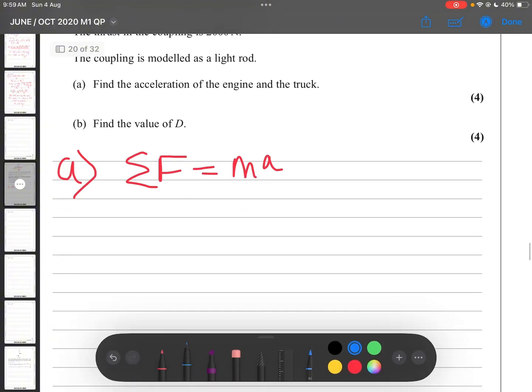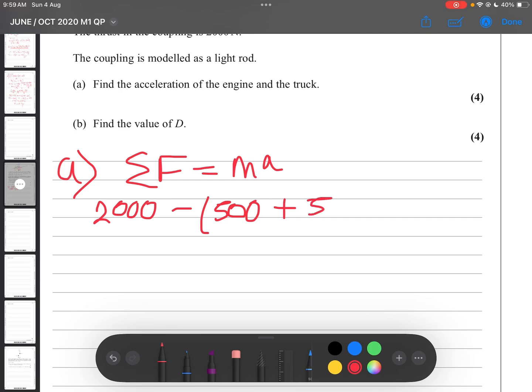So resultant force is going to be 2000 newtons minus 500 plus 500 g sin alpha, which is going to be equals to ma. The mass of the truck was 500 and the acceleration is what we need.